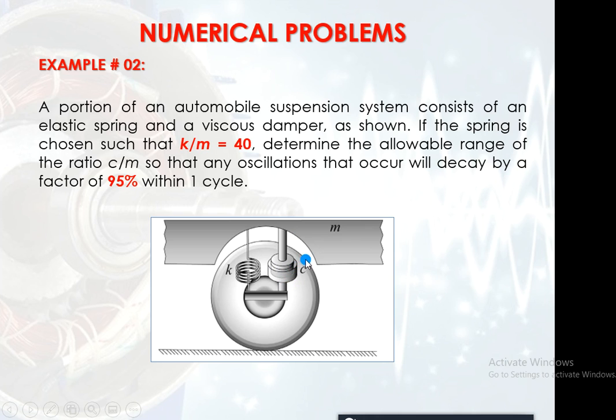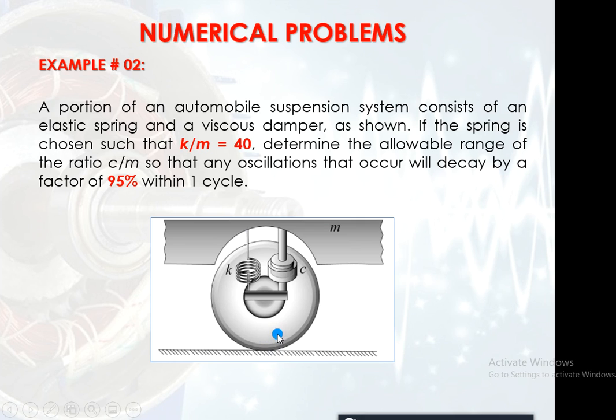So what will happen? Whenever the whole mass of the body m passes over a bump, or whenever there is an excitation force, there will be an excitation force from below, from the surface.